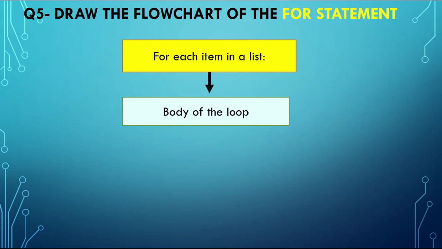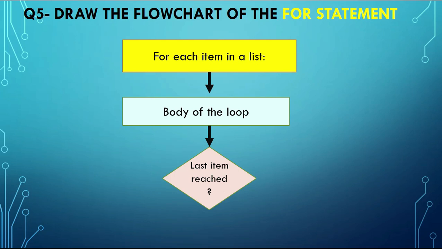Then the body of the loop is written here, meaning whatever set of instructions we want to follow inside the loop, we write here. After executing the statements, it checks whether the last item of the list is reached or not. Suppose the values are 1 2 3 4 5 6 7 8 9 10, so 10 is the last item of the list.